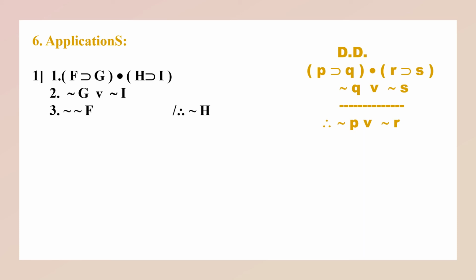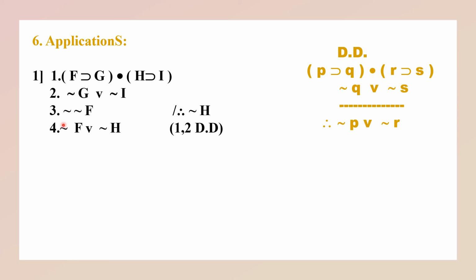So here you can see P implies Q and R implies S, not Q or not S. Therefore, not P or not R. F implies G and H implies I. Not G or not I. Therefore, not F or not H. 1 and 2 DD.